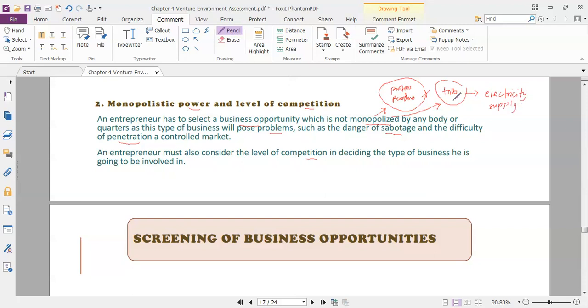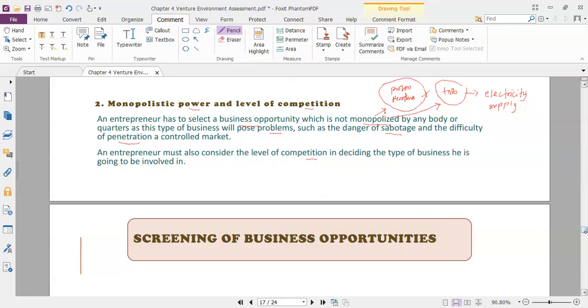They just have one. Only TNB is the company that monopolizes that electricity supply market. So it's very difficult to penetrate. Ataupun kita nak masuk ke dalam business untuk kita create another company to supply electricity is very difficult. So kita pilih lah business dekat dalam market yang lain.